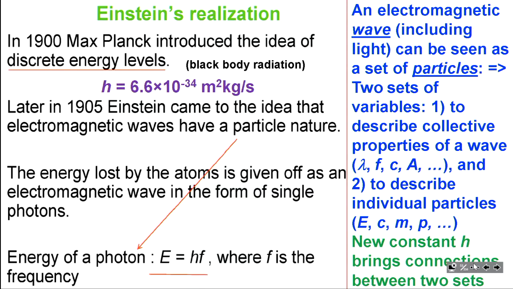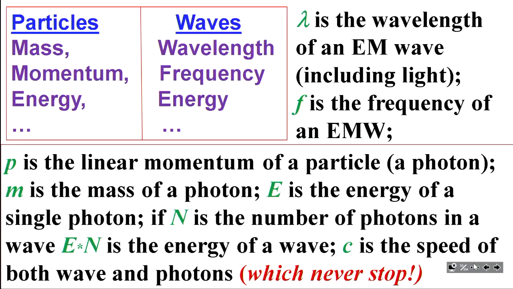Well, but the price was very heavy. Turns out we can't treat light either as particles or as waves. It's some kind of a combination, which is much more complicated than we thought. And to describe light, we could use all variables which we used for particles and for waves. We just need to find a way to relate them. So photons, a tiny particle which never stops, travels always with the speed of light, but also can be described by a certain wavelength or frequency.